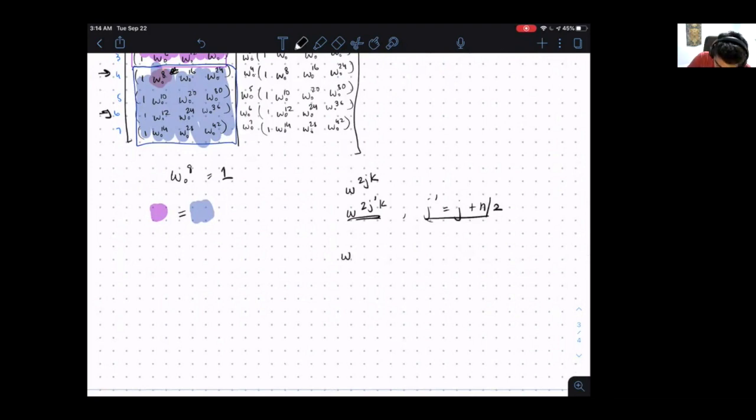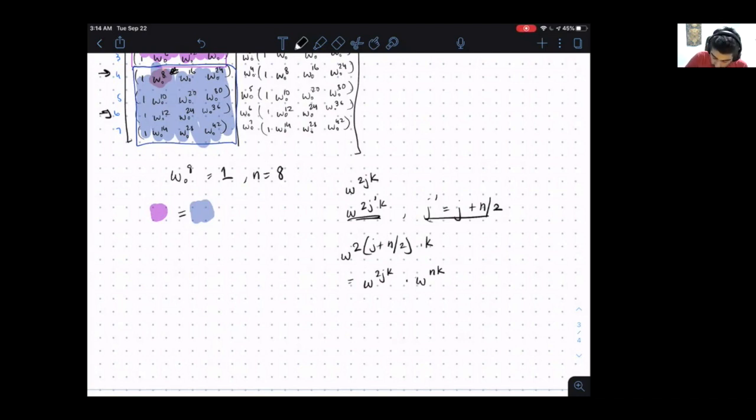So this is equal to omega to the (2j plus n over 2) times k, which is equal to omega to the 2jk times omega to the nk. And remember, what do we know about omega to the n? In our case, n is equal to 8, because that's the number of points that we're working with. Well, we know that omega to the n equals 1.